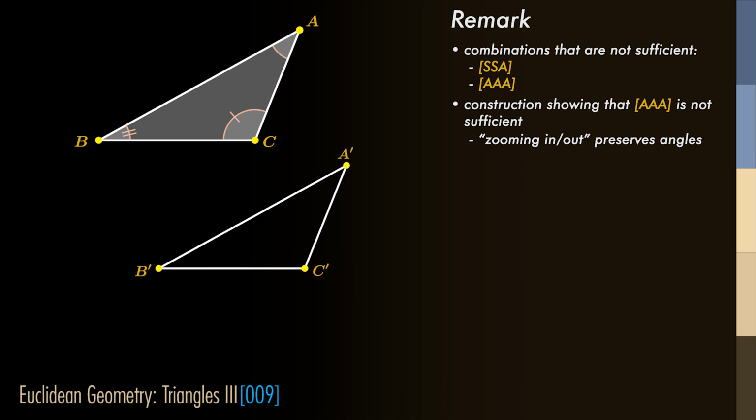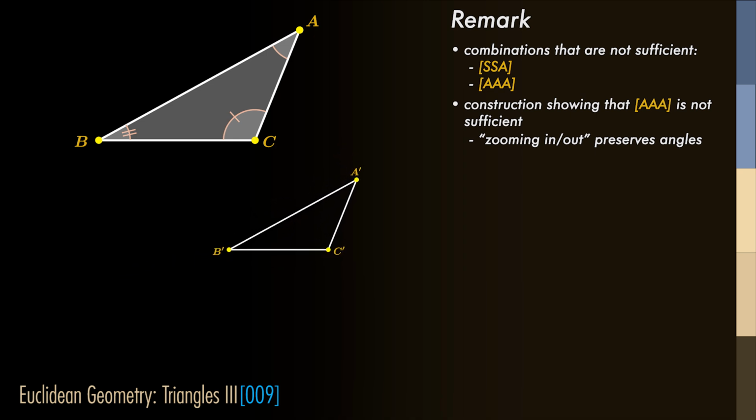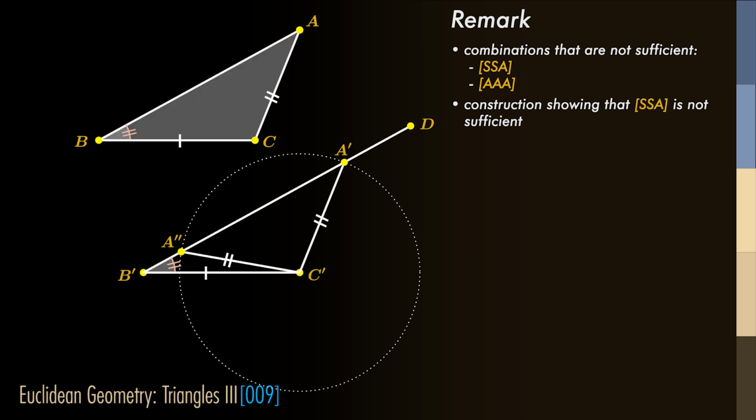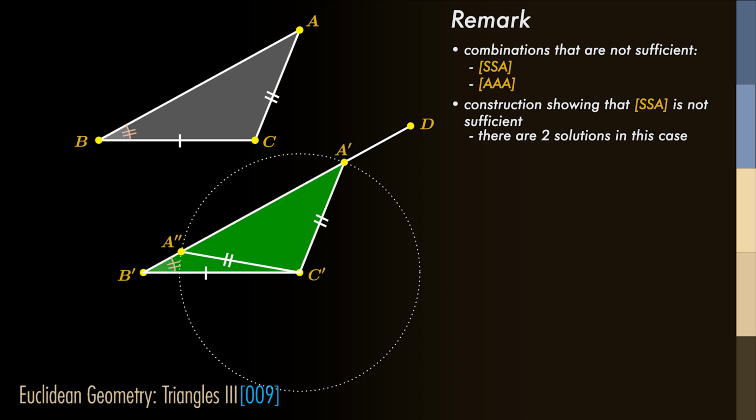A process of zooming in or out does not change angles, but the length of the sides change. Another case that will not work is the SSA case, the side-side angle case. This little construction shows you that we will always have two solutions in this case.